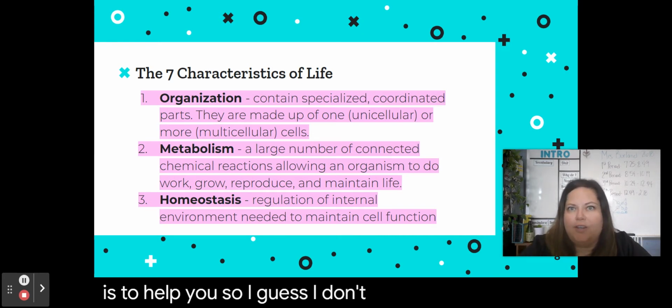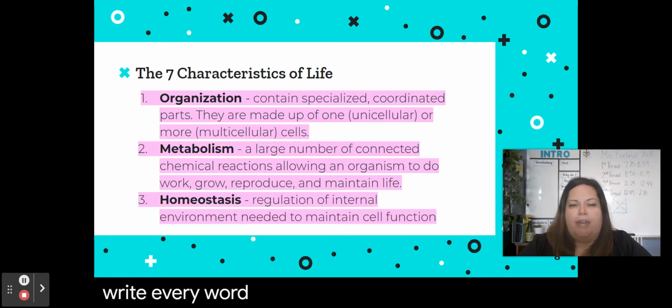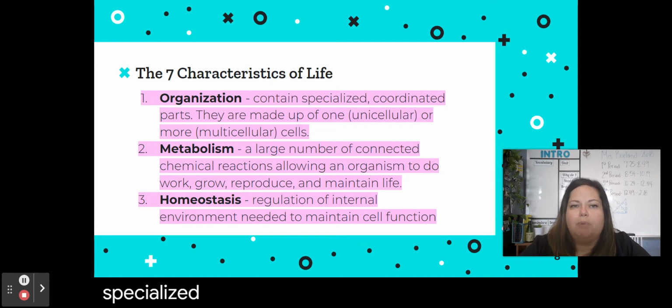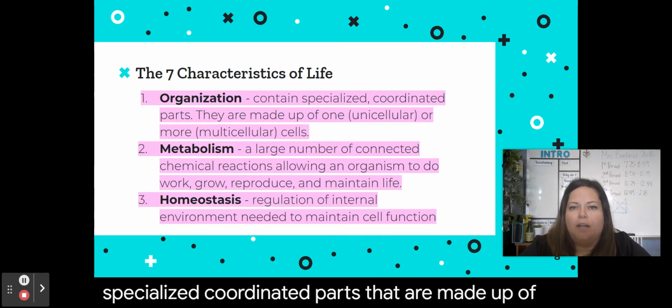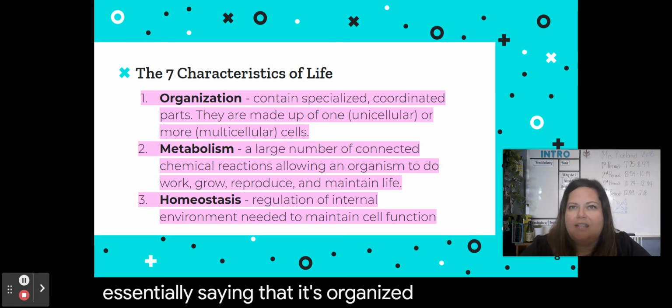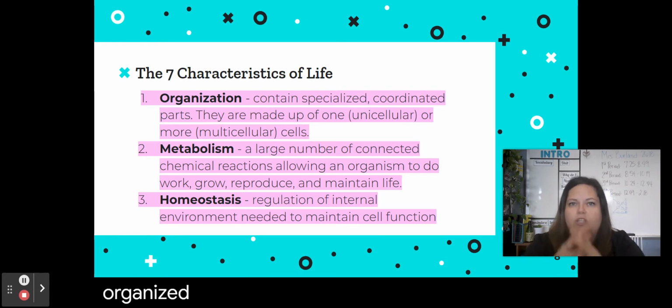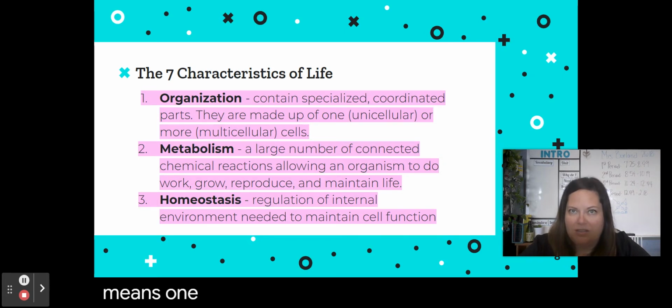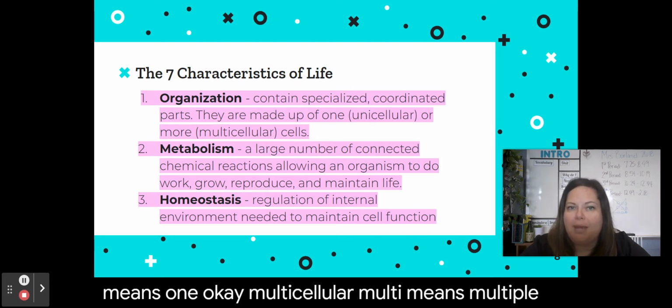Organization means it contains specialized coordinated parts that are made up of one unicellular or more multicellular cells. So it's essentially saying that it's organized into cells, organized into units. Uni means one, multi means multiple, many.